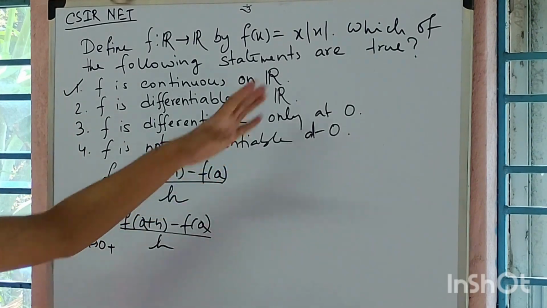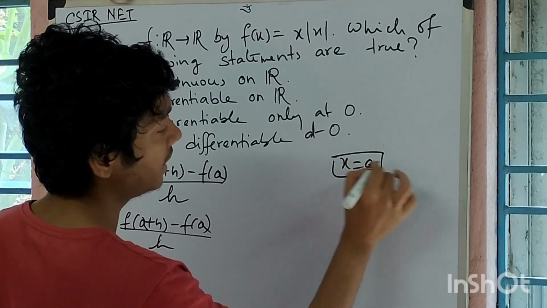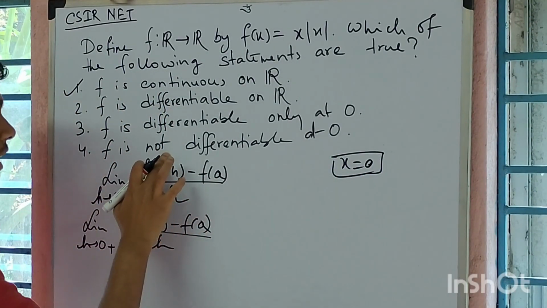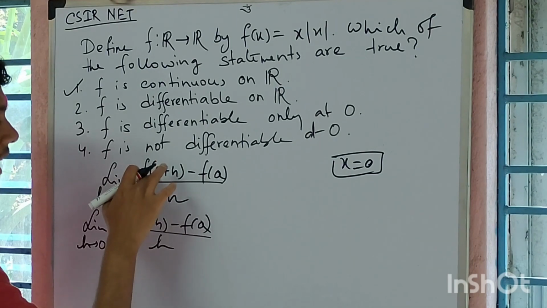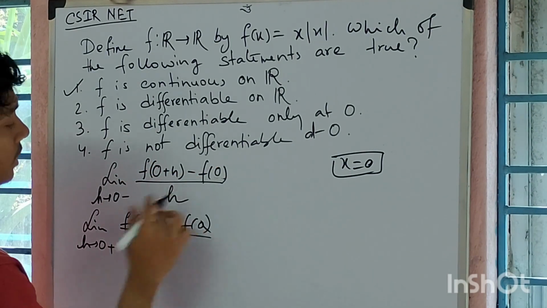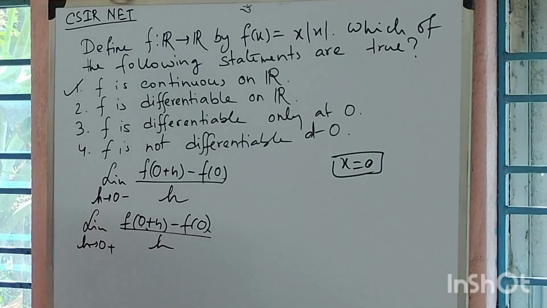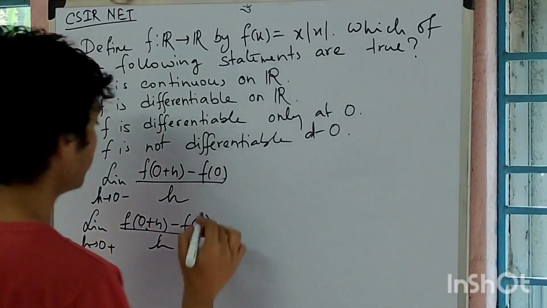Now here my a is 0, I am checking at x = 0, so I am replacing a by 0. Okay, fine. And now find its value. It's very easy.